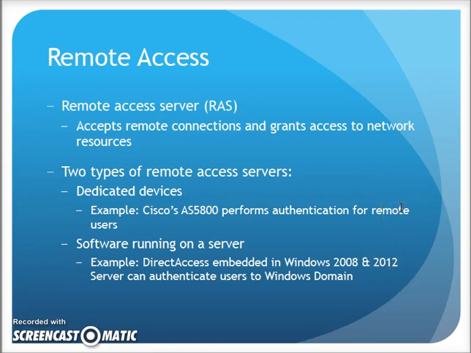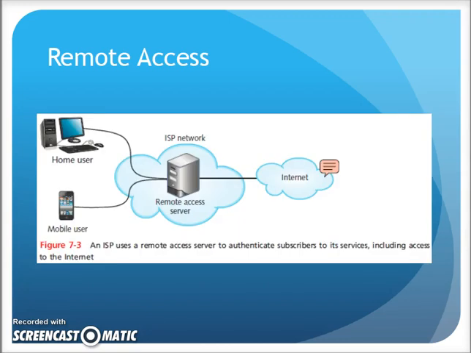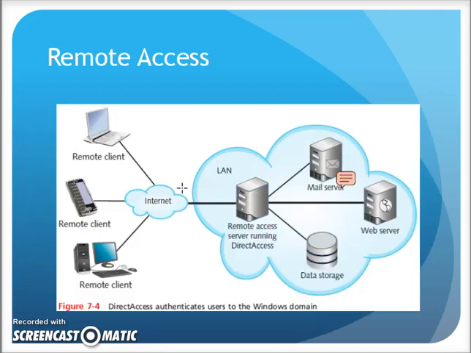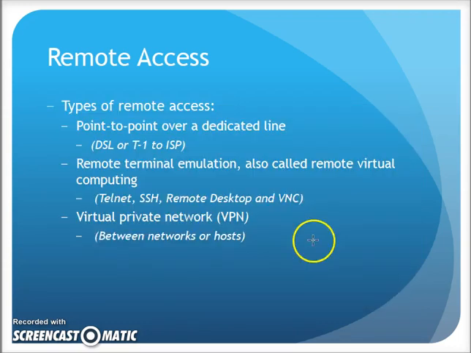It hits that server and says, yes, you're allowed to remotely connect in, with authentication. That's the idea they're showing you here. Home users and mobile users can access the remote access server and have access to resources remotely. Here, users sitting at home across the internet hit their remote access server and have access to mail, web, and data storage at a company or home office.